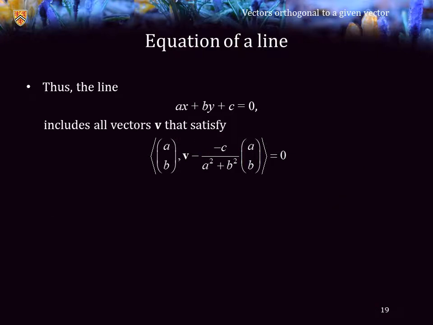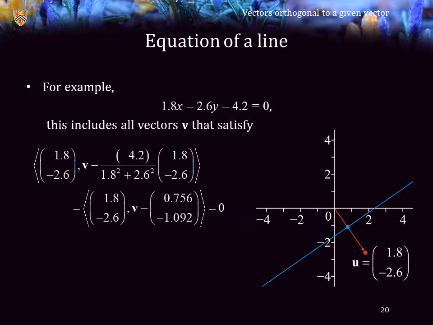Now, in general, given the line ax plus by plus c equals 0, all the points on that line are all vectors v that satisfy this inner product equaling 0. So for example, let's look at this different line defined by 1.8x minus 2.6y minus 4.2.